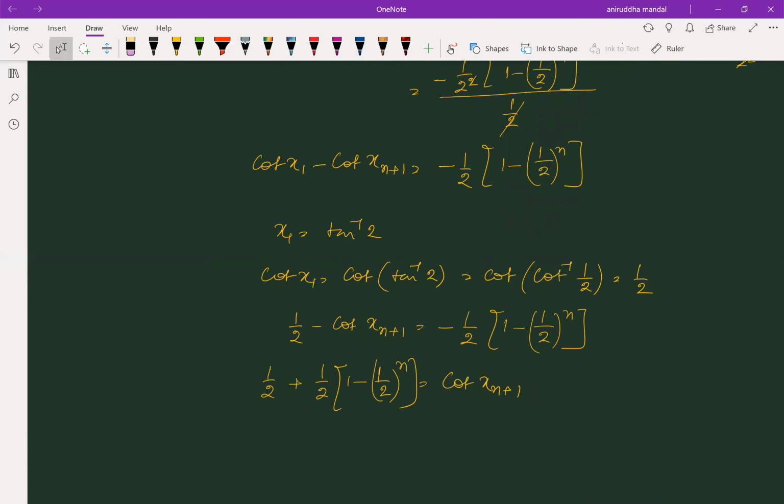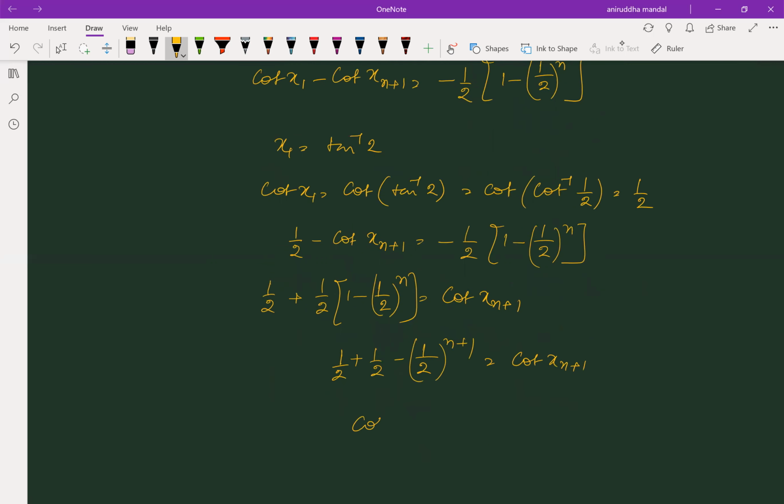Multiplying out, half plus half is 1, so we can write cot x_{n+1} equal to 1 minus half to the power n+1.